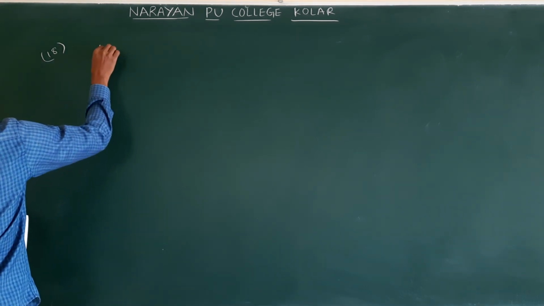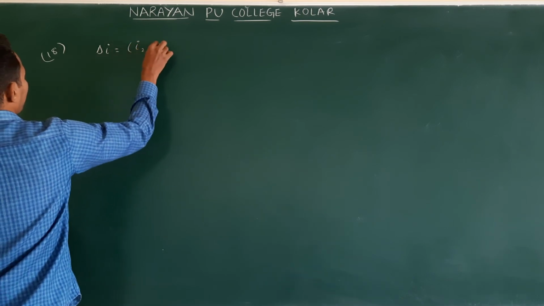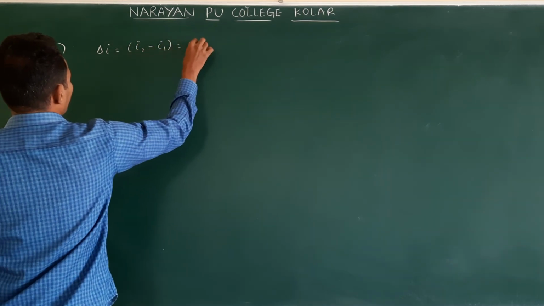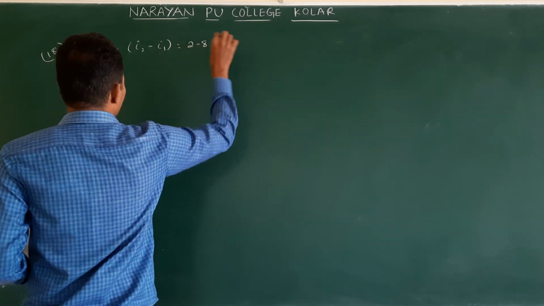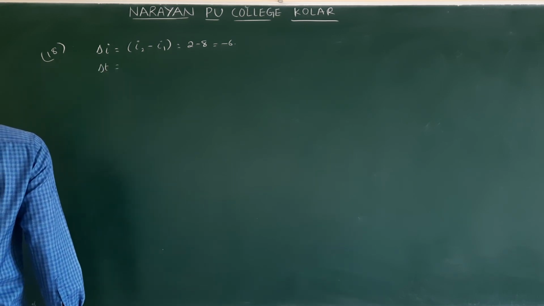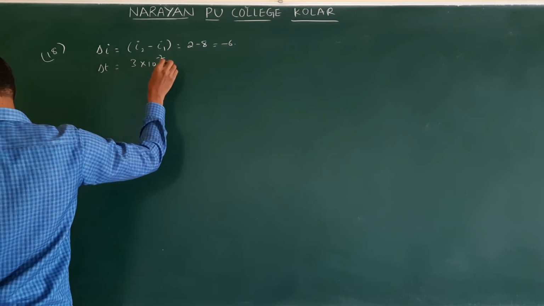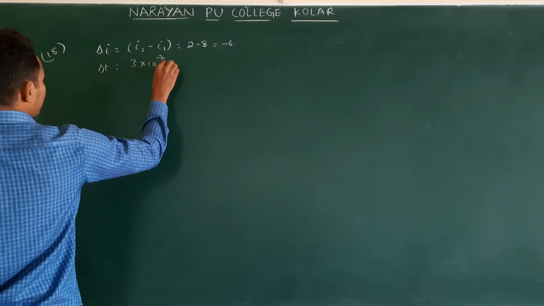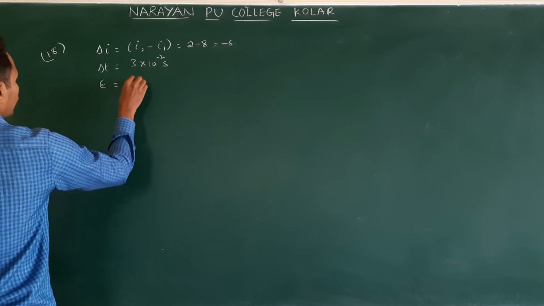So delta I, what is this? I2 minus I1, 2 minus 8, this is equal to minus 6. In how many seconds? Delta T is 3 into 10 power minus 2 seconds. EMF produced is 2 volt.